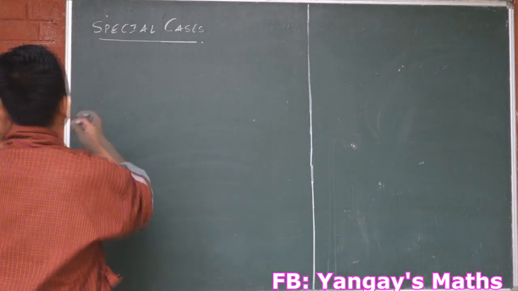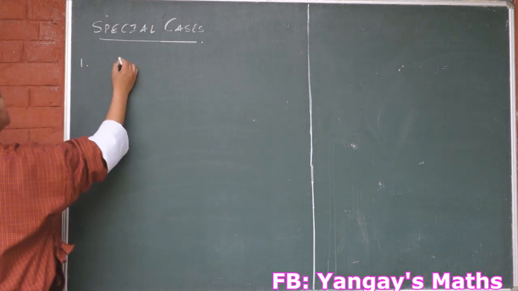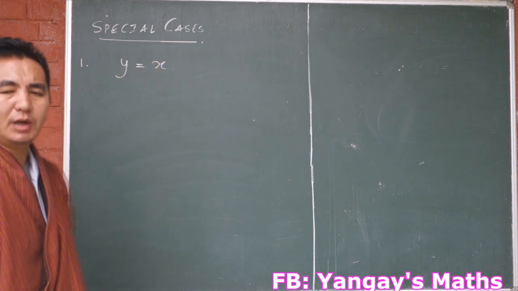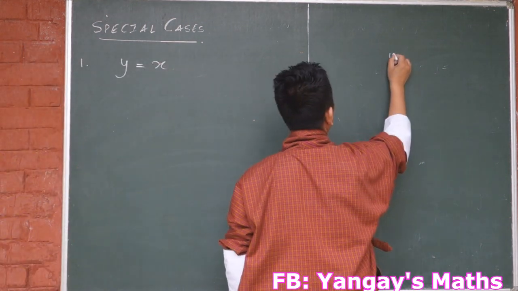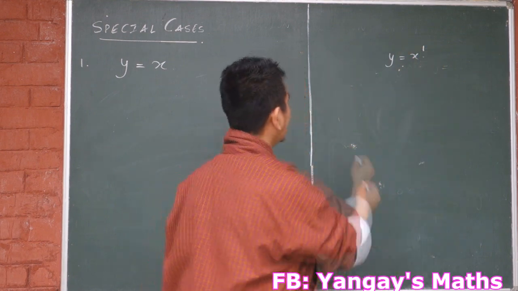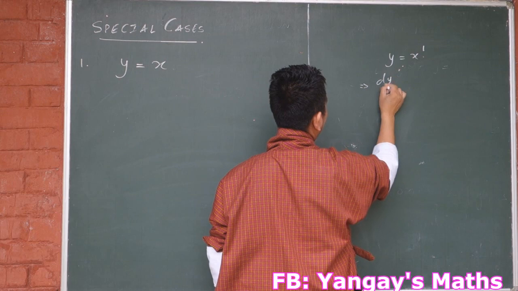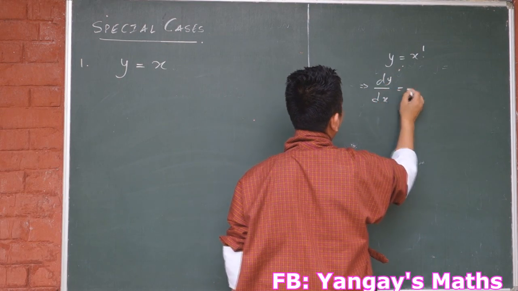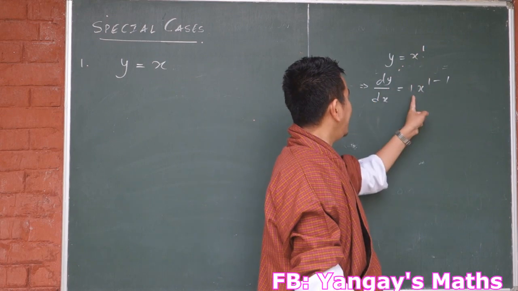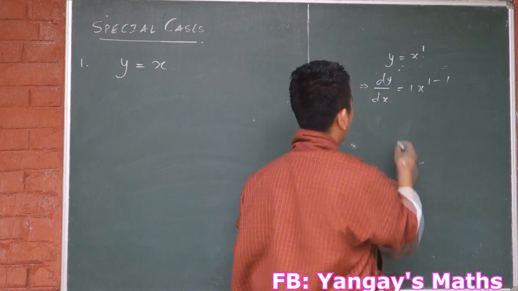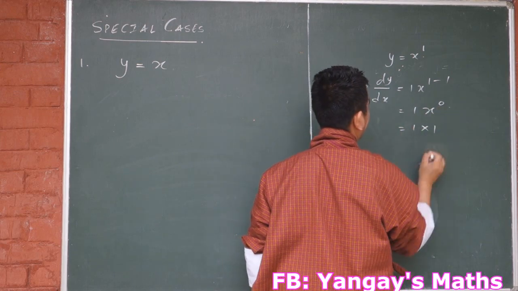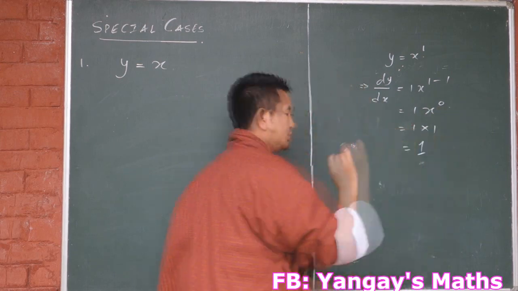So special cases, in case of number 1, let me see what's the differentiation of y is equivalent to x. If y is equivalent to x, you know what's n value here? N value is equivalent to 1. So when you differentiate as per the power rule, dy by dx is equal to 1x raised to 1 minus 1, which is 1 times x raised to power 0, which is equivalent to 1.